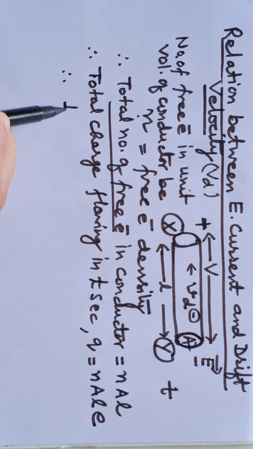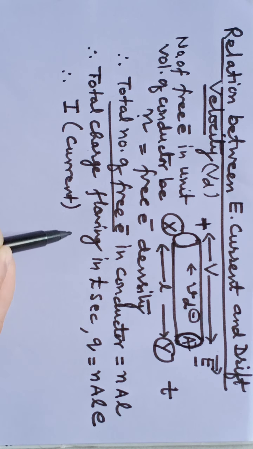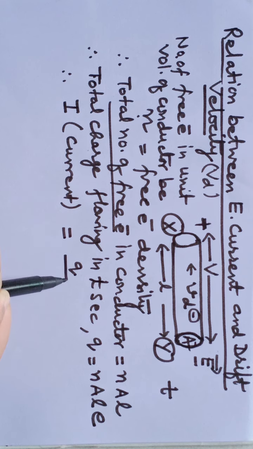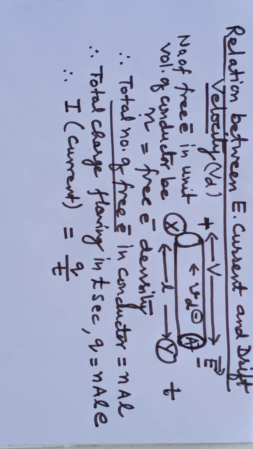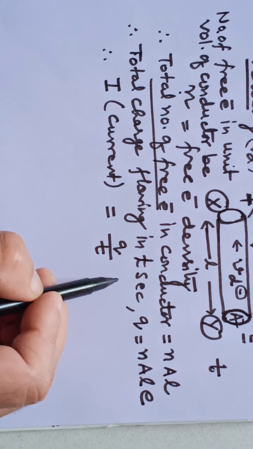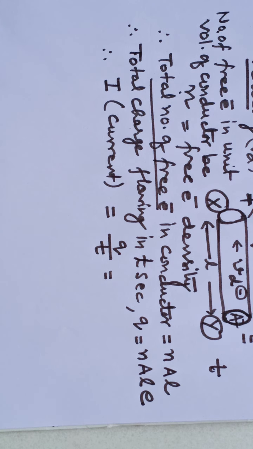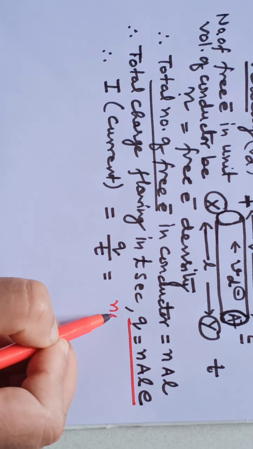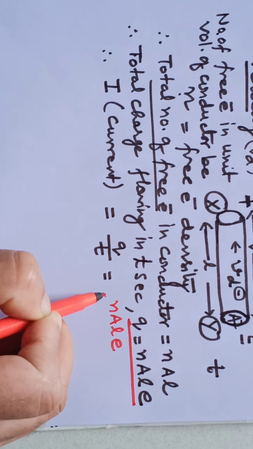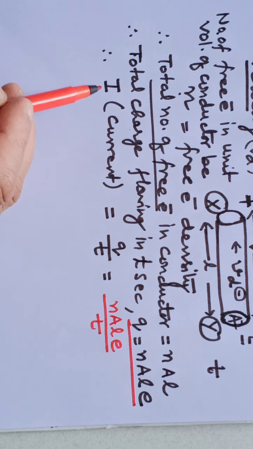Therefore, electric current I will be charge flowing per second. This charge is flowing in t seconds. Therefore, putting the value of q, that is nALe, upon t. So this is the electric current I, q upon t.